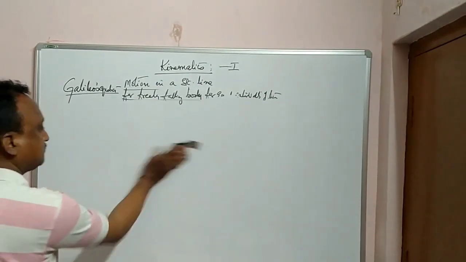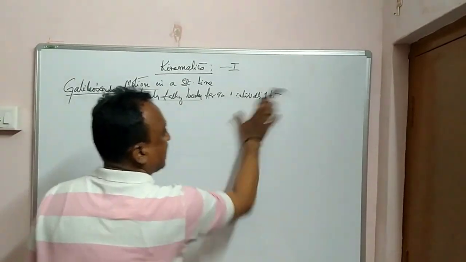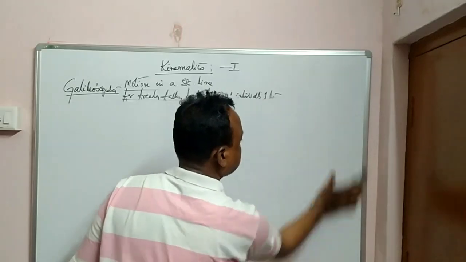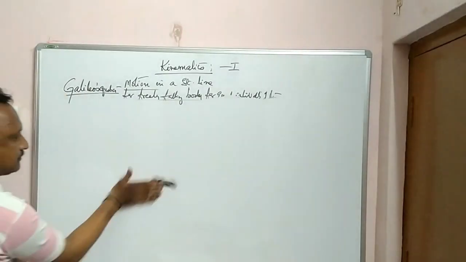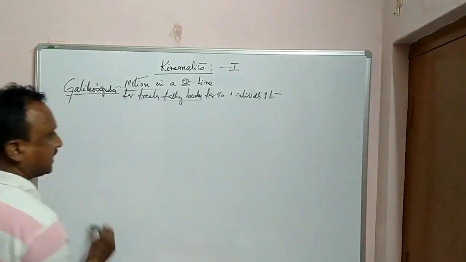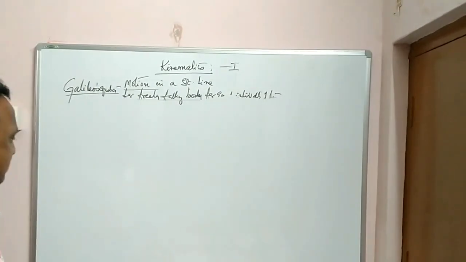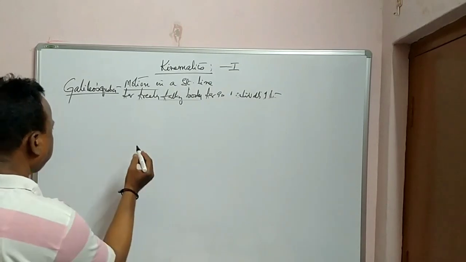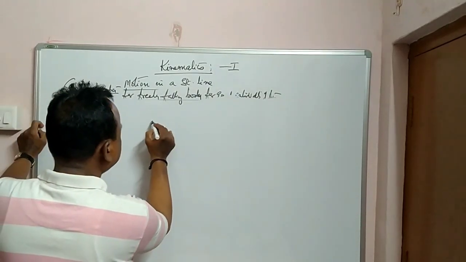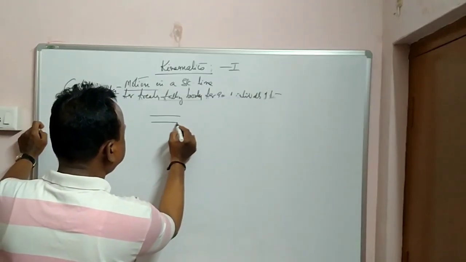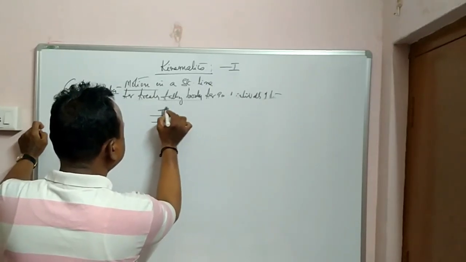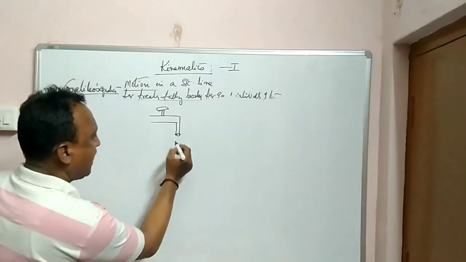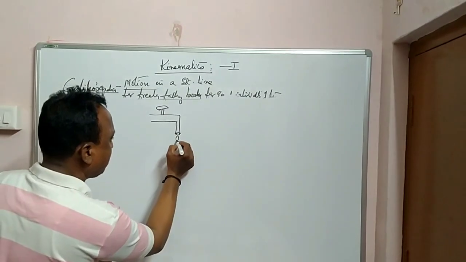See here. The question goes like this. Suppose one tap is there here. From the tap, water drops are coming out.